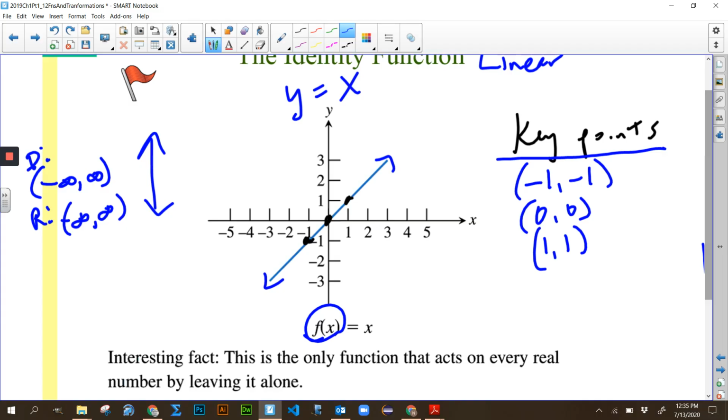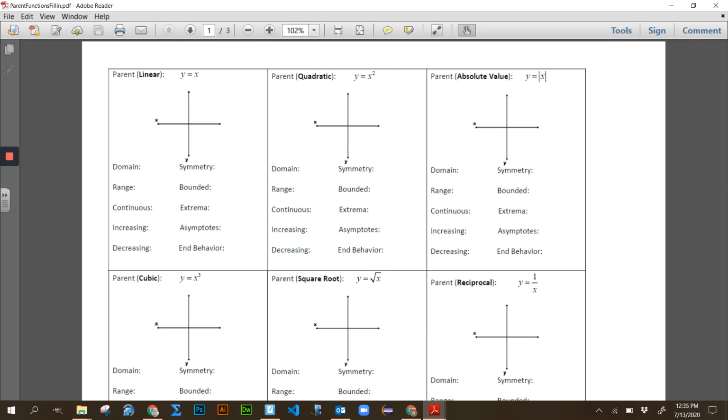All right, let's see what else is on there. Continuous. It is continuous. Symmetry: there's a rotational symmetry, so it's going to be odd. There is no extrema because the y values go to infinity, so there's no max or min.